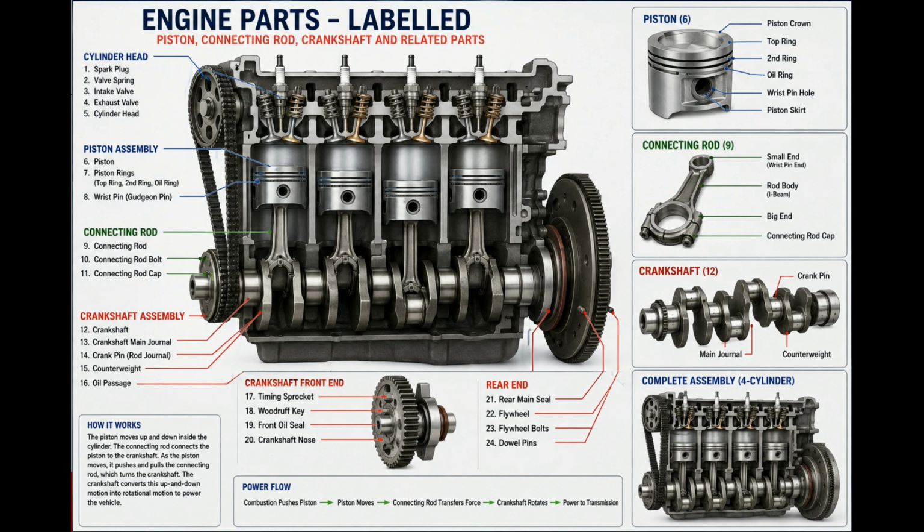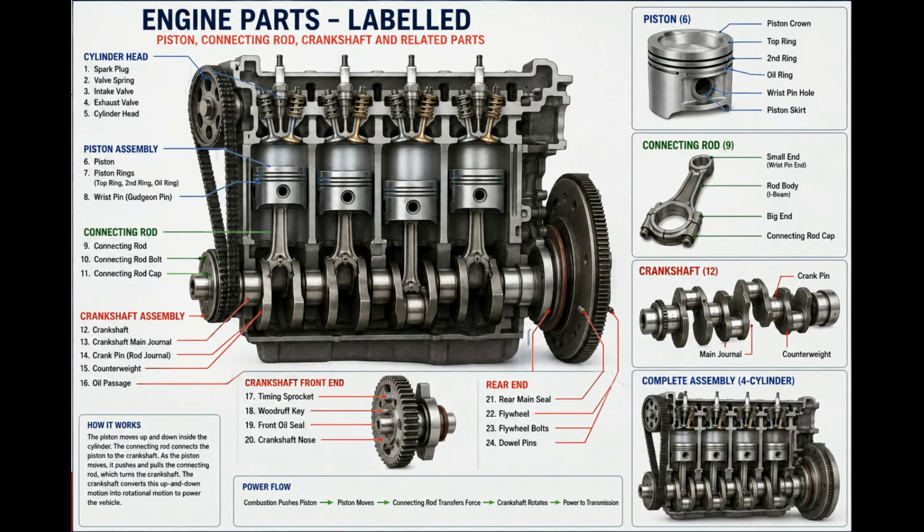Combustion into rotation. Think about the power path. The combustion process produces pressure. That pressure pushes the piston, the piston pushes the connecting rod, and the connecting rod transfers the force into the crankshaft. The crankshaft rotates, and the rotation is then transmitted through the transmission and drive train to the wheels.